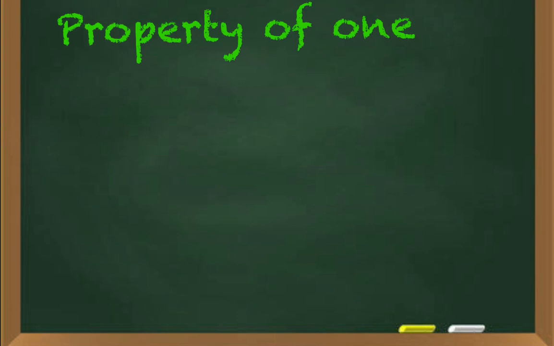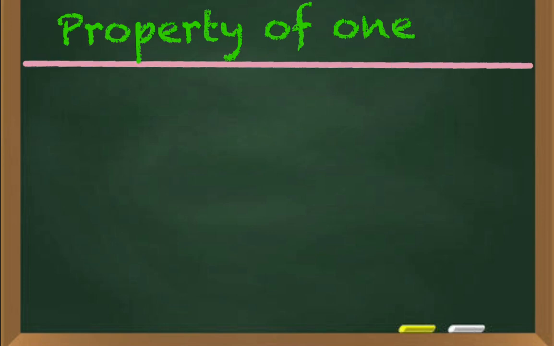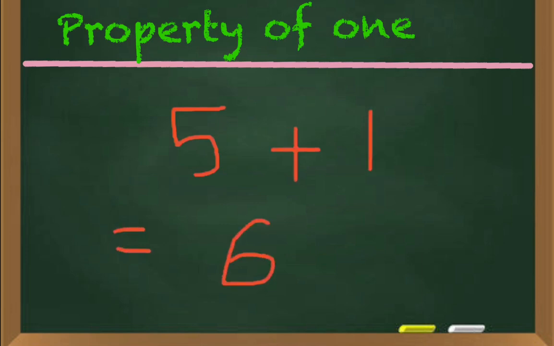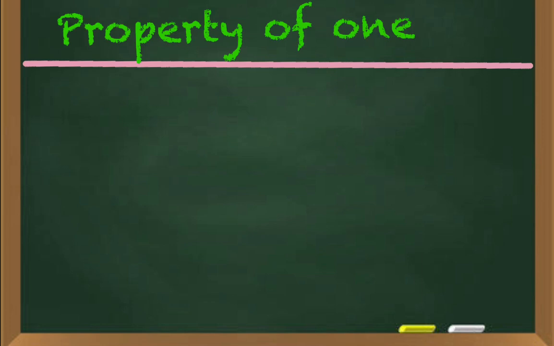Coming towards the last property of addition, that is the property of 1. For example, I have to add 5 with 1. So I am getting 6 as the answer. For another example, I have to add minus 10 with 1.